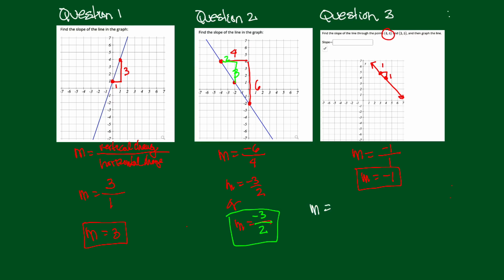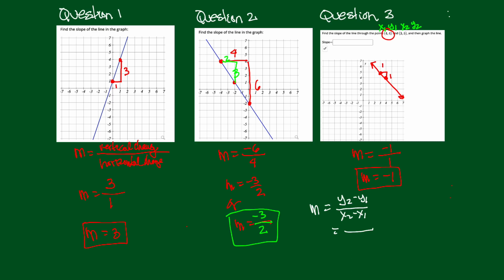And another way to get it is to use the slope formula. M equals second y minus first y over second x minus first x. So how about if I label these like this? This will be the first x, the first y, the second x, the second y.